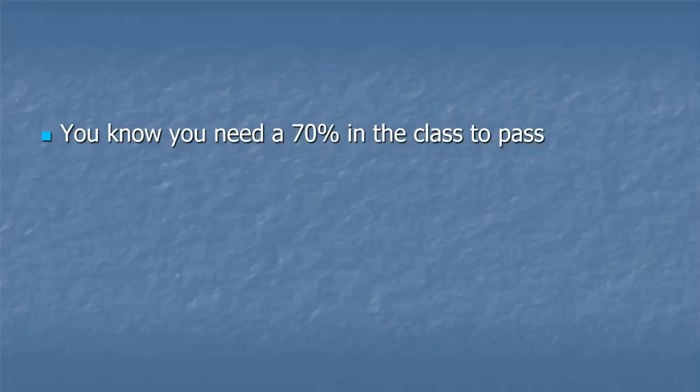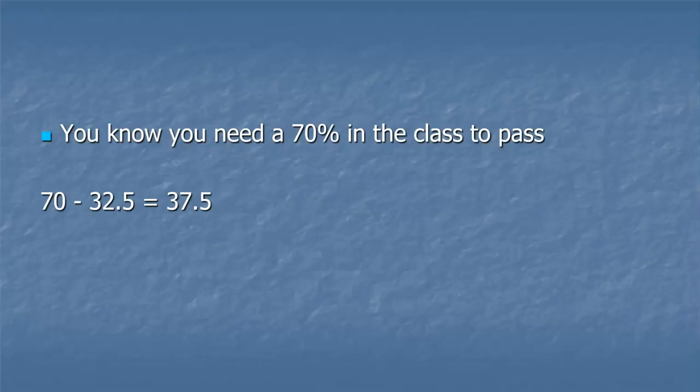However, you know that you have to get a 70% in the class to pass. So what we can do is take our 70% that we need in order to pass and subtract the 32.5 that we just got. And that means we have to earn 37.5 points.